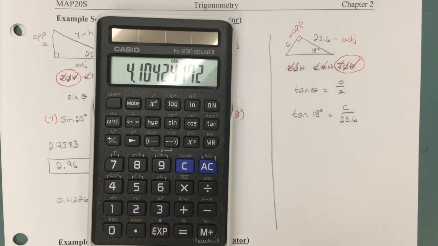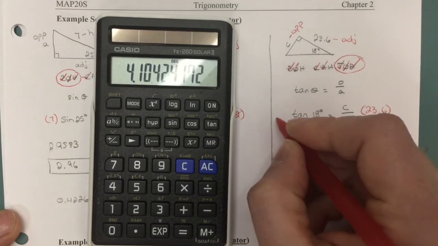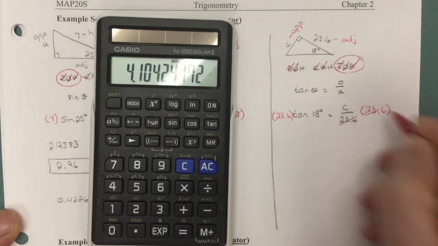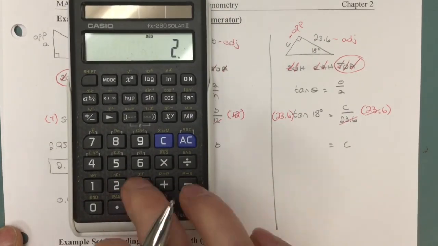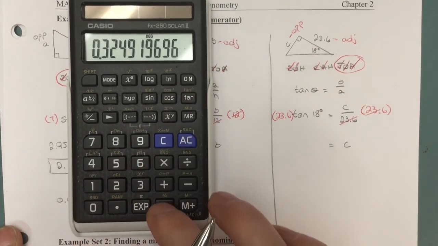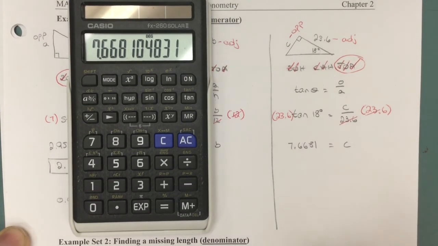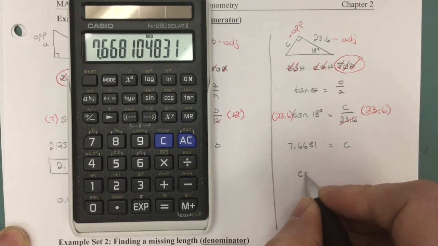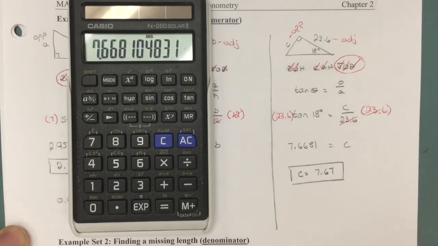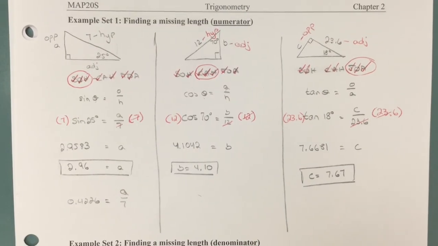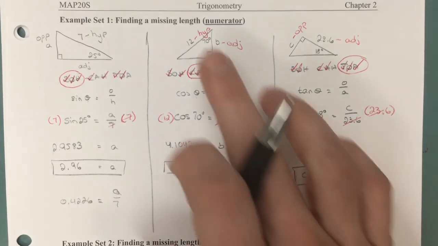Or in other words, multiply both sides by 23.6. So C is equal to 7.67 units.